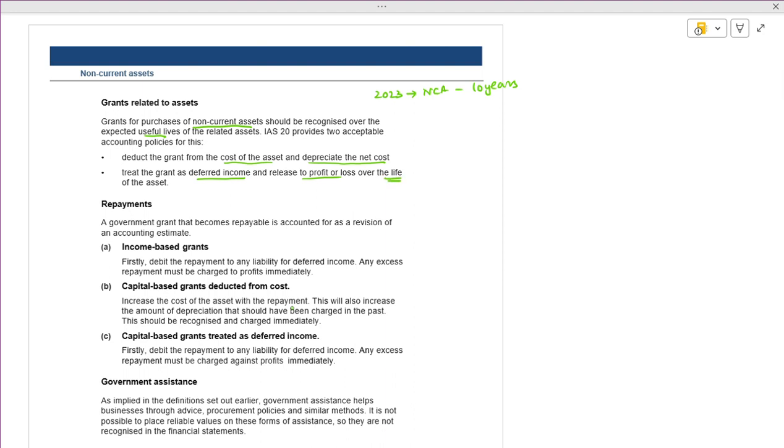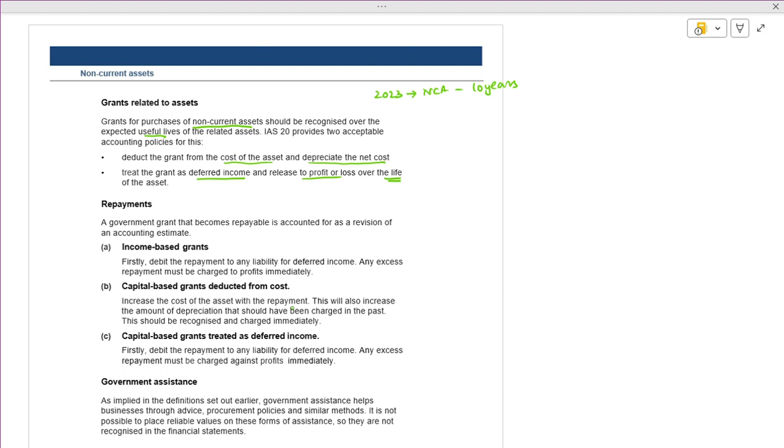Means again they are saying to make it a point how it has to be. Either you deduct the grant from the cost of the asset and depreciate the net cost, or if it is for 10 years, make it for 10 years. Every year proportionately you have to release it.